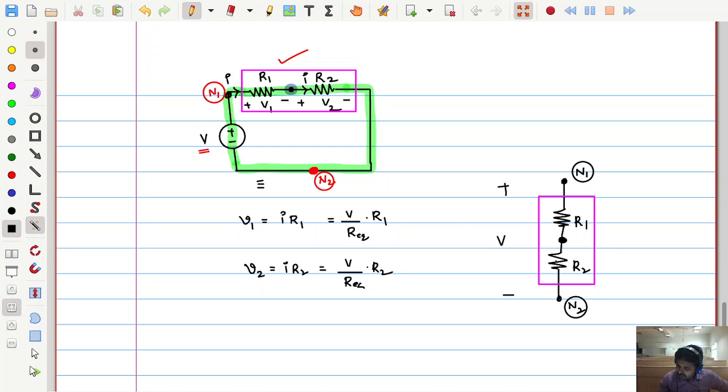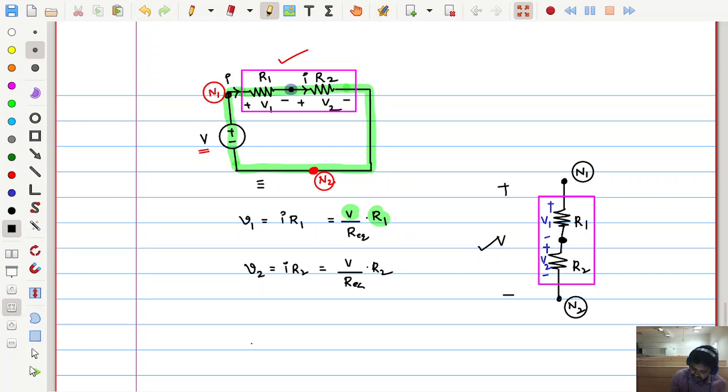We are seeing only the external terminals of that box. So this box is connected across a voltage. How much will be its internal voltage? That is V1 and next is V2. That is the voltage division rule. Take the total voltage across the box, into whichever branch voltage you need, that resistance divided by the total series connected branch resistance.